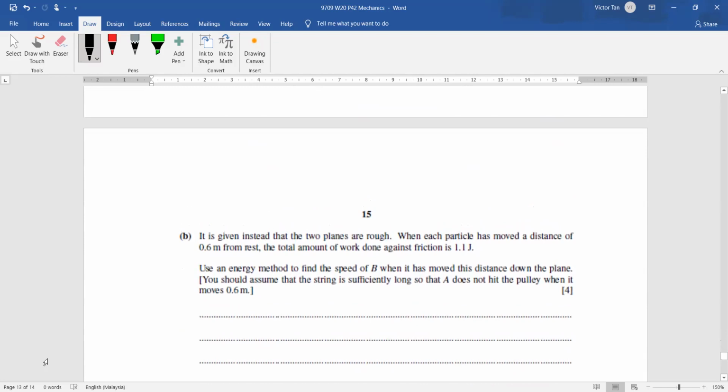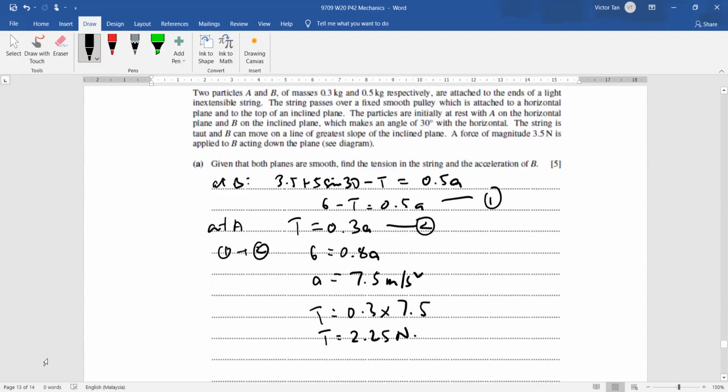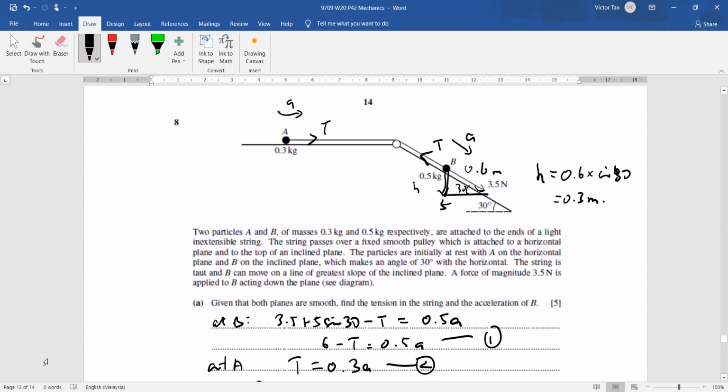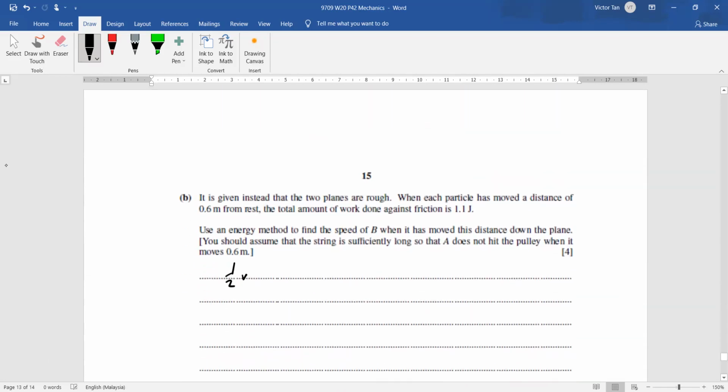So gain in kinetic energy is half times the total mass, 0.8, times v squared. Work done against friction is gain in energy, so it's 1.1 joules.